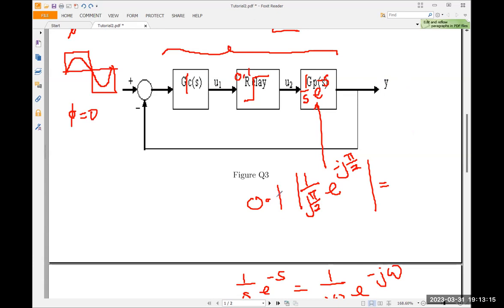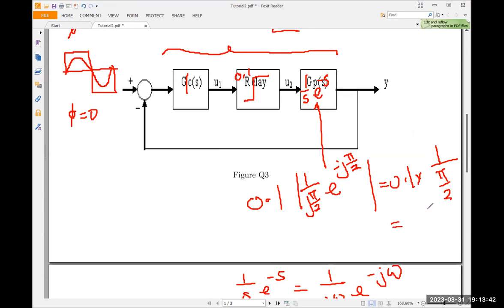The amplitude of this is always 1. So it's just equal to 0.1 times the amplitude of this, which is just 1 over pi over 2.